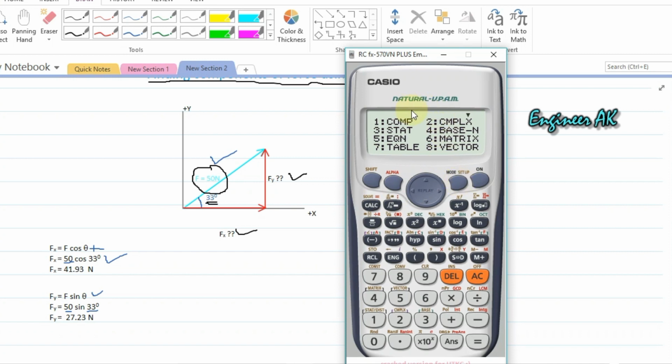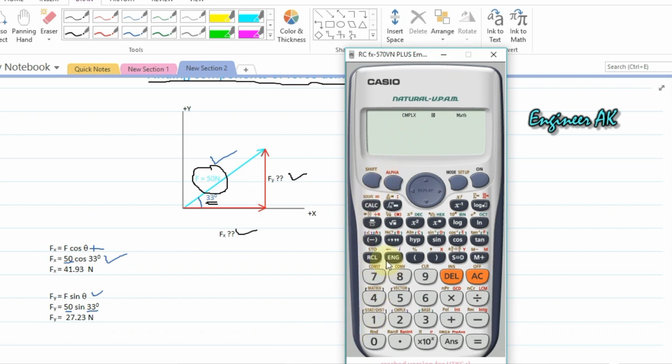This is the model fx570 that I am using. So first you select mode, then you select the second one, complex number.